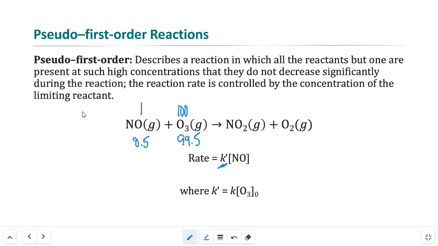Once we figure out the order for the dye, we'll change the concentration of the hydroxide and see if that makes any difference to the value of the slope of the graph that we made for the dye. And then we can work it backwards.